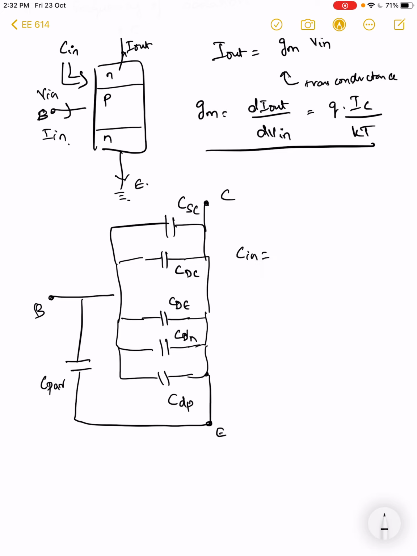So you have C in as a summation of all the capacitances: C parallel plus C space charge plus C depletion in the collector, plus depletion in the emitter, and you have an electron diffusion and a hole diffusion in the base emitter junction. That's it.